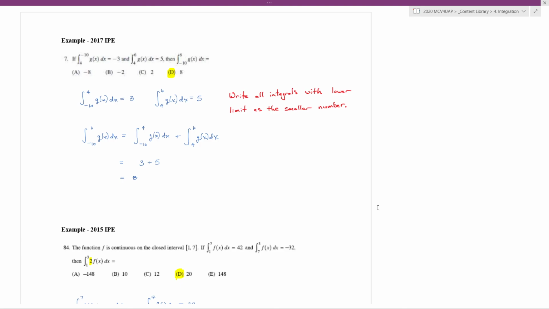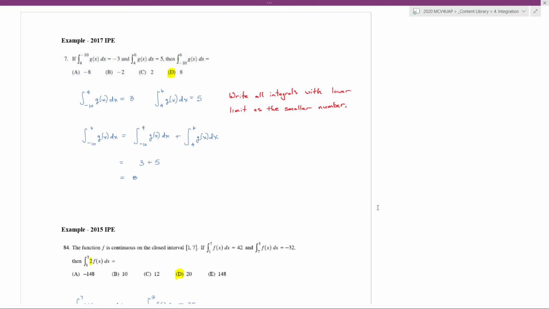So in this question, all the integrals involve the same function, which is g of x. The first integral is from 4 to -10, and they're telling you the value of that integral is -3. Then they give you another integral from 4 to 6. They tell you that value is 5. And they're asking you to find the value of the integral from -10 to 6.